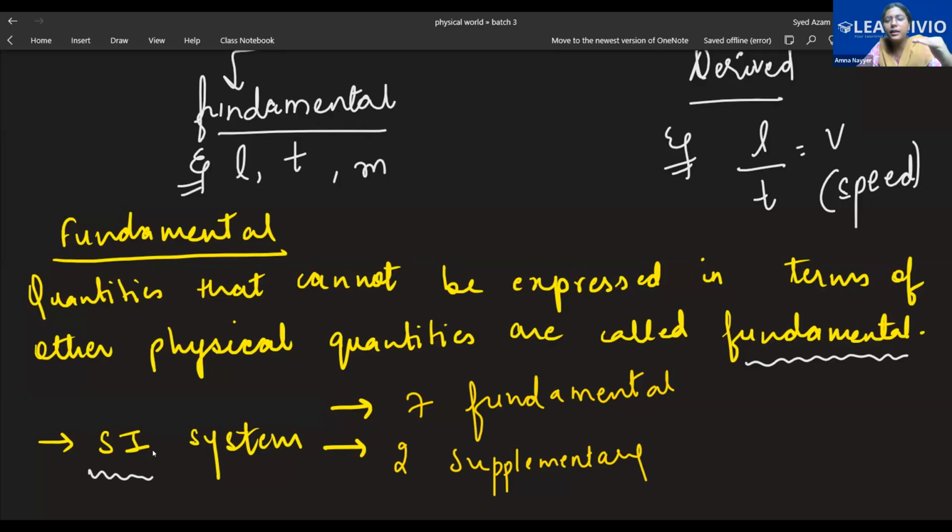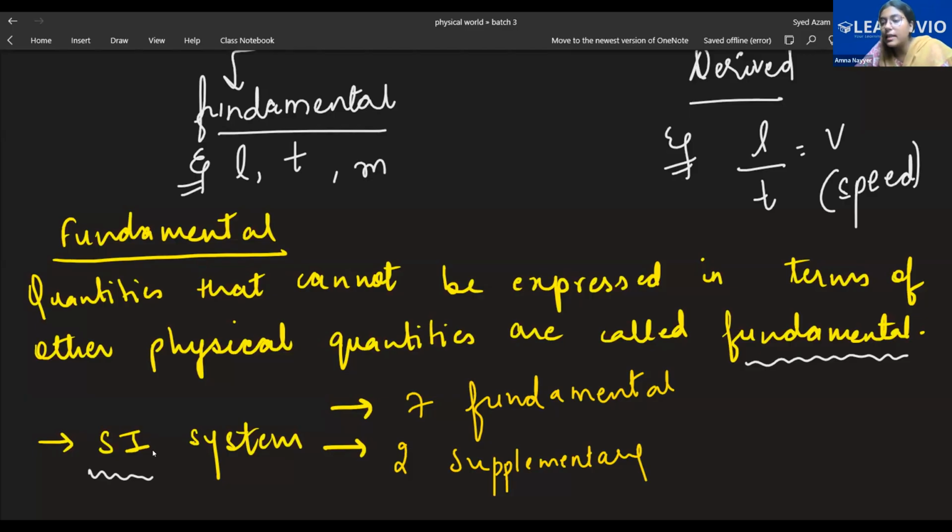There has to be a standardization for the units that we use. If I measure something and tell you the length is 100 centimeters, and you measure the same thing and tell me the length is 1 meter, are we giving different answers? I'm saying 100 centimeters, you're saying 1 meter, but 1 meter is actually equal to 100 centimeters.